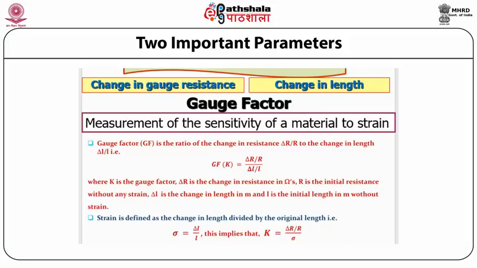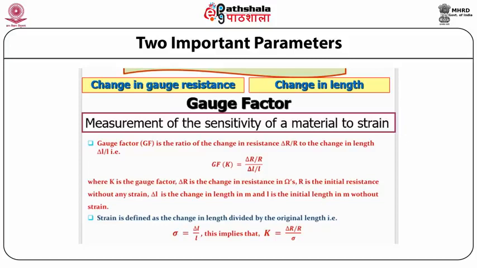So the gauge factor is nothing but the measurement of the sensitivity of the material to the strain. We can define the gauge factor GF as the ratio of the change in the resistance delta R by R to the change in the length delta L by L. That is, GF or K is equal to delta R by R divided by delta L by L, where K is the gauge factor, delta R is the change in the resistance in ohm, R is the initial resistance without any strain, delta L is the change in the length in meters, and L is the length in meters without any strain.